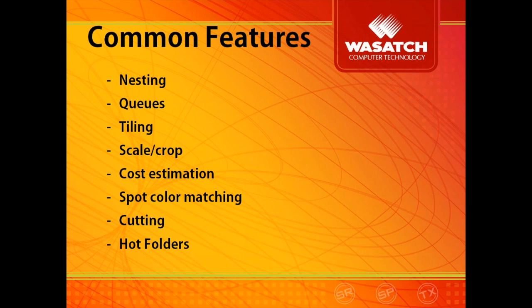Most have added some cost estimation or some cost tracking as well. With Wasatch, the way our estimator works, it allows you to bring in a single file or build a whole layout, nest all of your images, and then estimate very closely what your ink and paper are going to cost to print that job.